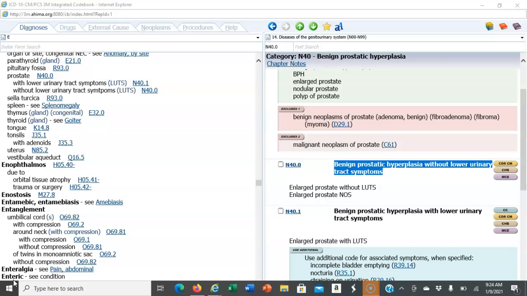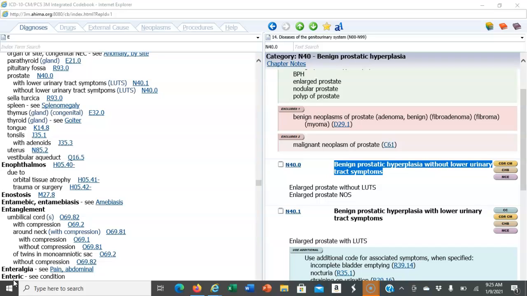So in this example, the patient was seen in the clinic for an elevated PSA, and they determined that the patient had severe prostatic hypertrophy, and that was the cause. Now, there are no LUTS here, so that code is N40.0.